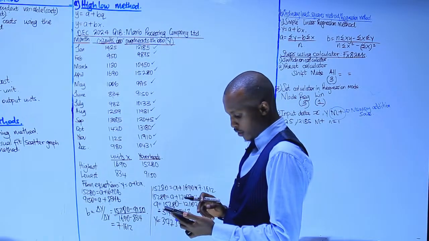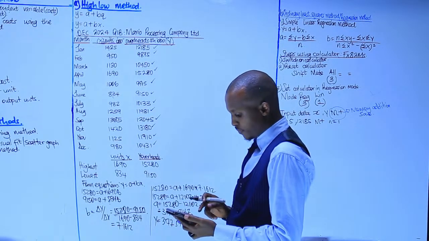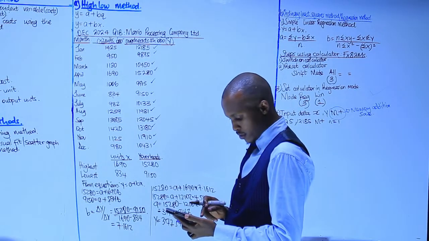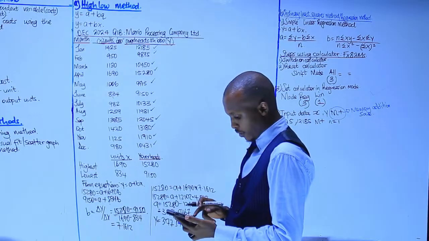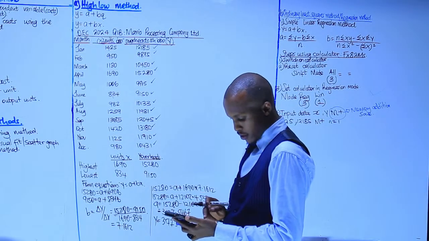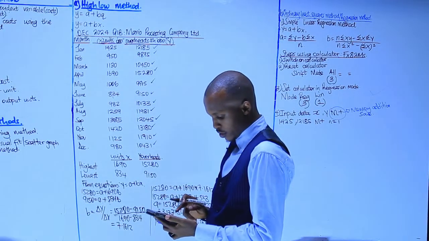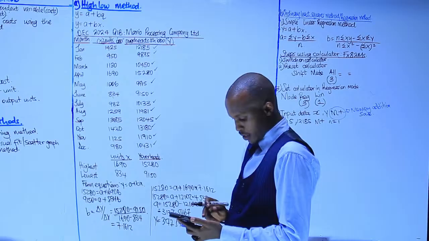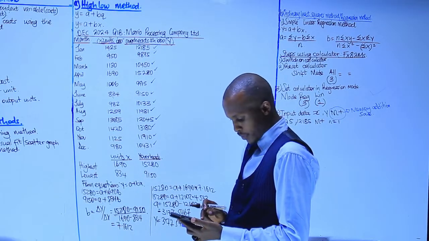The fourth one is 1690, 15280, M plus. 1006, 9915, M plus. 834, 9150, M plus. 982, 10133, M plus. 1259, 11981, M plus. 1385, 12045, M plus. 1420, 13180, M plus. 1125, 11910, M plus. 980, 10431, M plus.